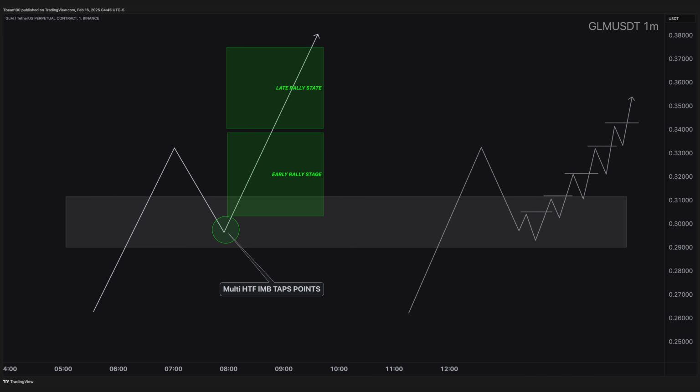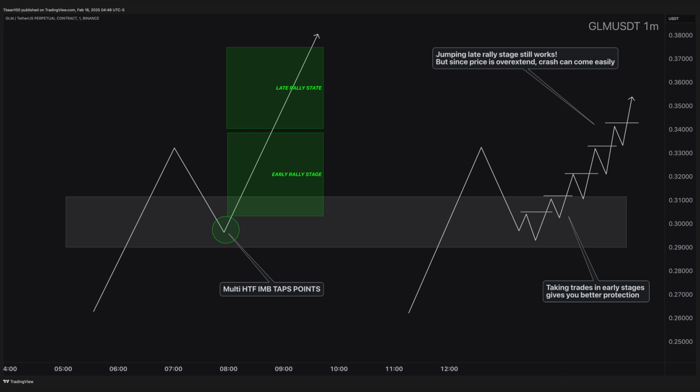When you take trades in the early stages, you will have a higher chance of successful trades because price is not extended yet. Once the price is really extended, I can still trade, there is no problem. The issue is overextensions generally crash very hard at some point, and it is almost impossible to know when this asset is going to crash.